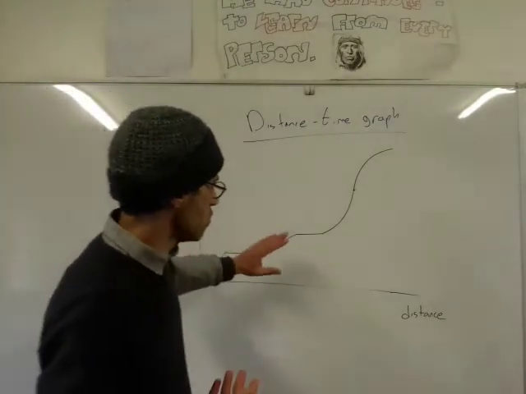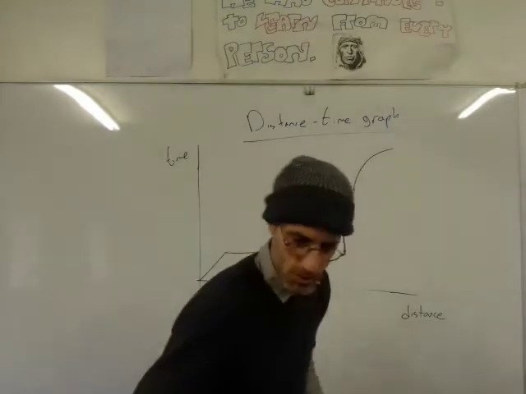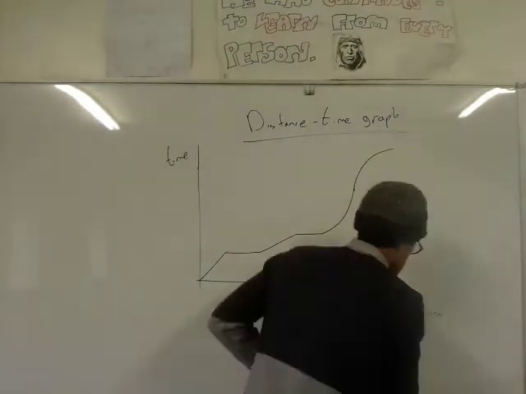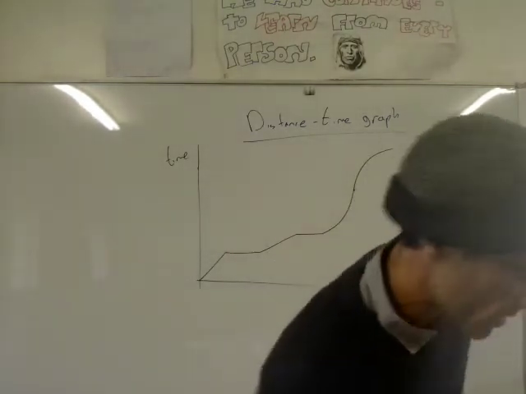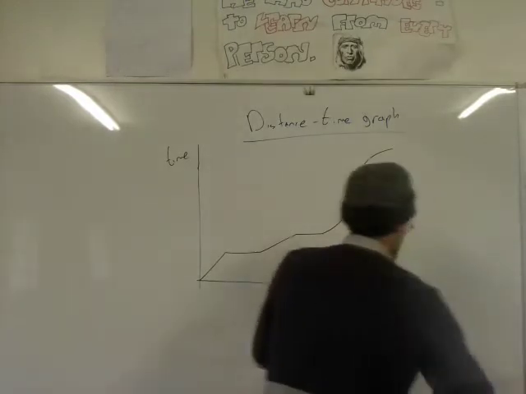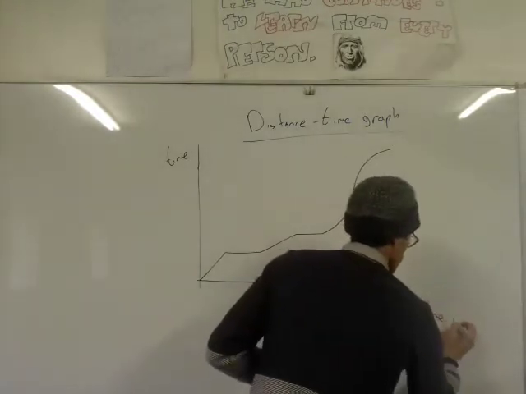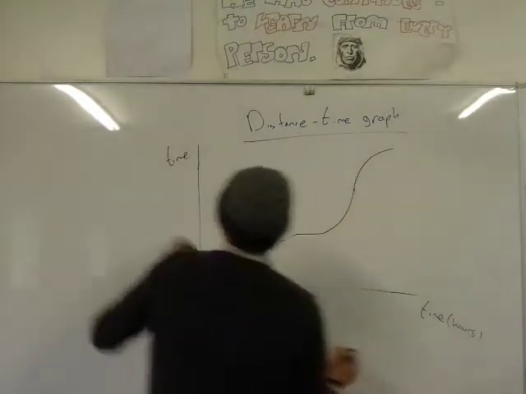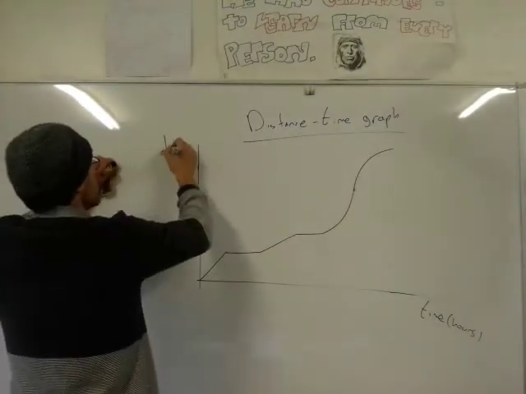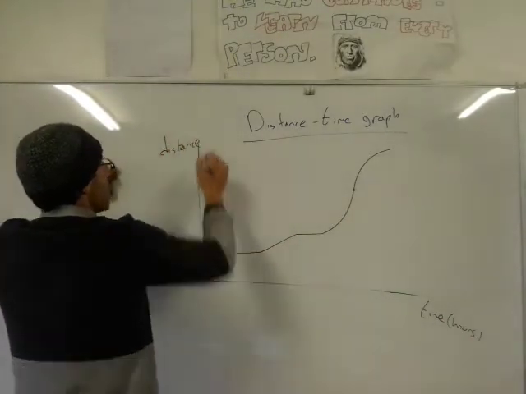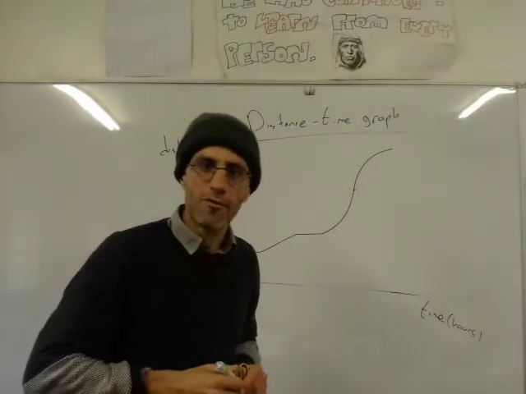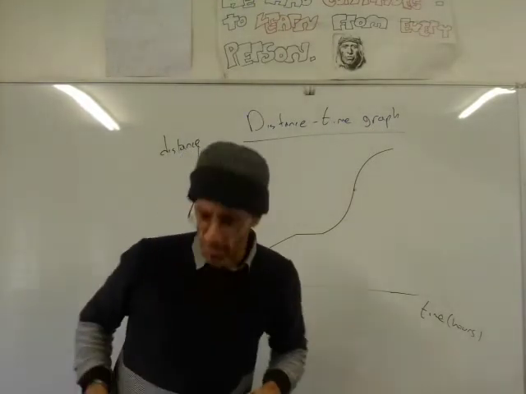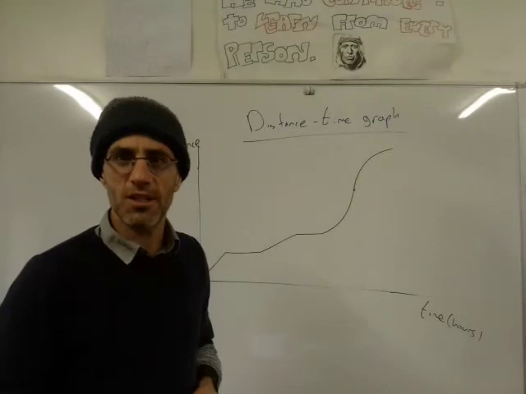Sorry, that should have been the other way around. Here you're going to write down the time, could be in hours, for example. And here you're going to plot the distance, how far away you are from home, or what the mileage is in the car.